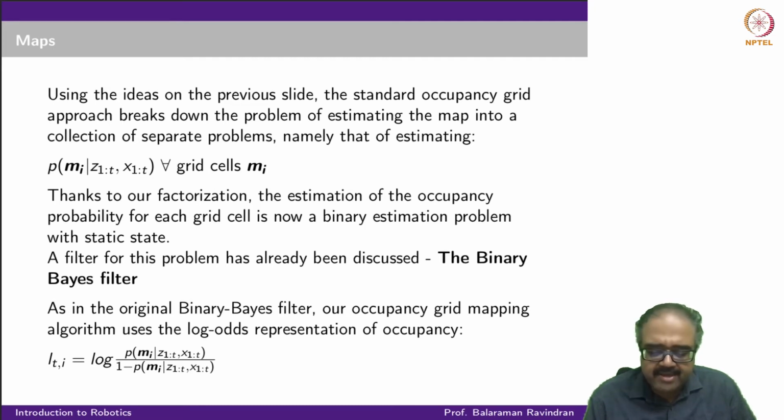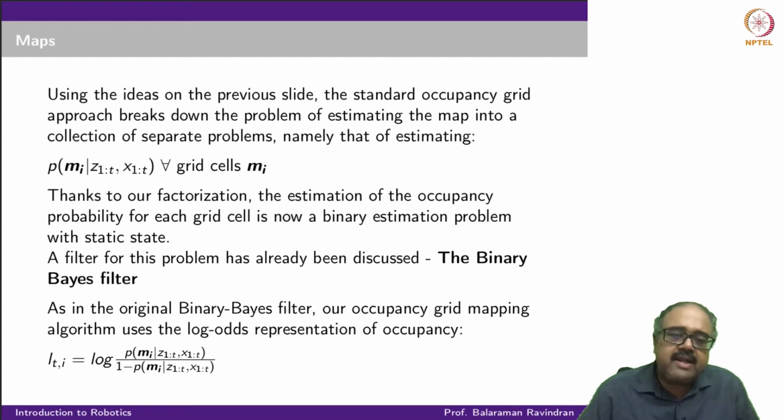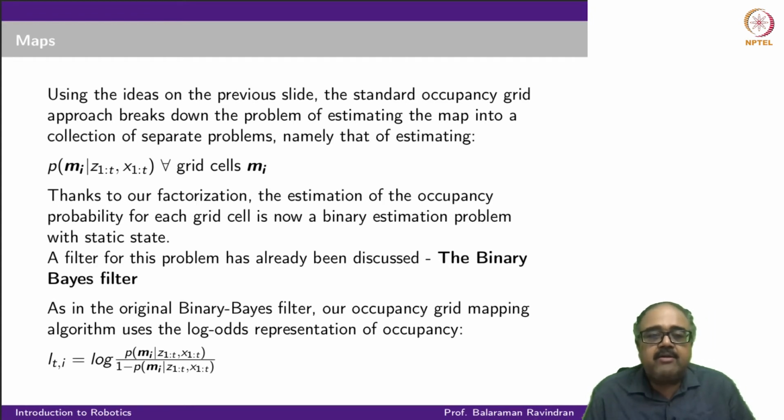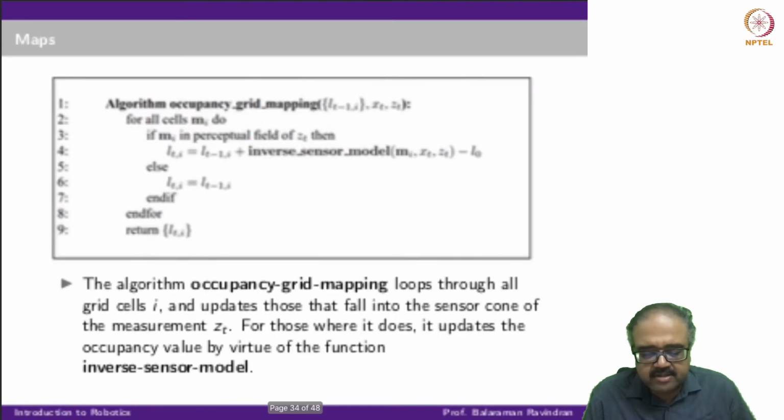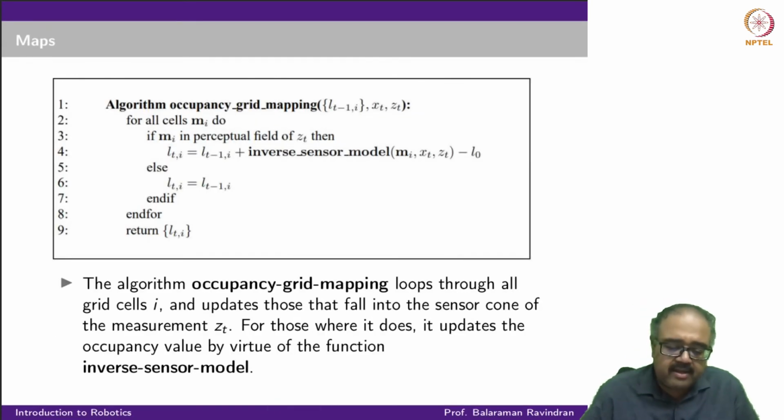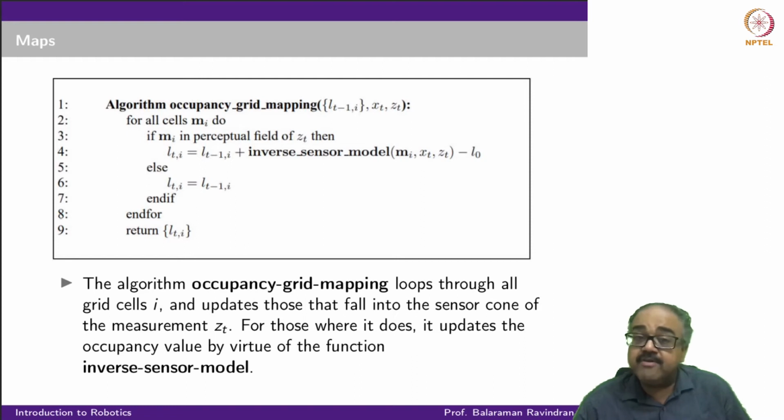It's exactly the same algorithm. So instead of looking at it as a state estimation algorithm, I'm going to run the binary Bayes filter with static state algorithm to solve the occupancy grid mapping problem, using the same kind of log odds representation of occupancy. So this algorithm should look very familiar to you. You can go back and look at the binary Bayes filter with static state algorithm.